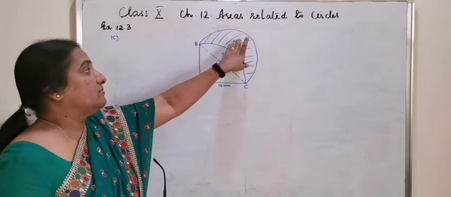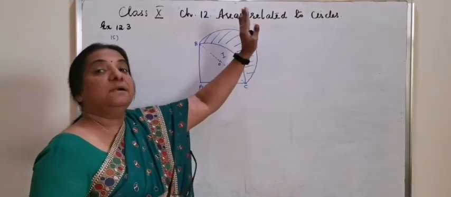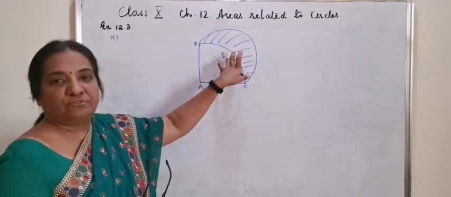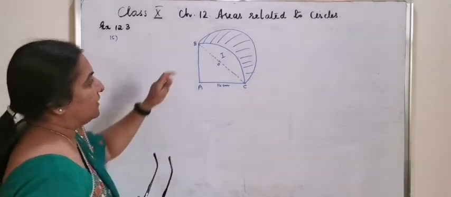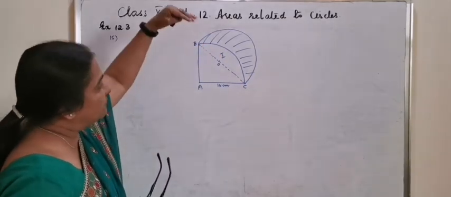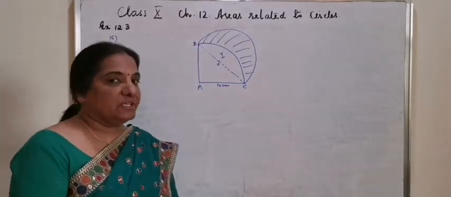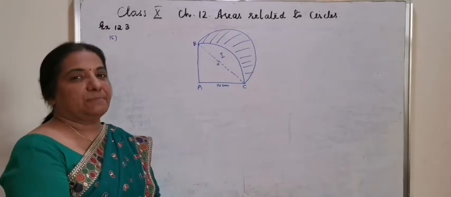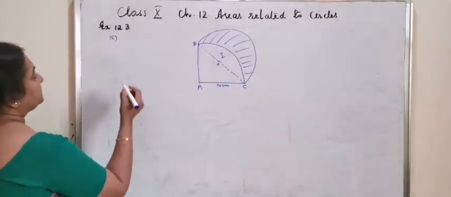How to get the area of the shaded region? It will be area of semicircle minus area of this segment. So first the concept is to find the area of the segment. Before that, for area of semicircle, we don't have the radius of the semicircle. So the first step is to find out the radius of the semicircle.